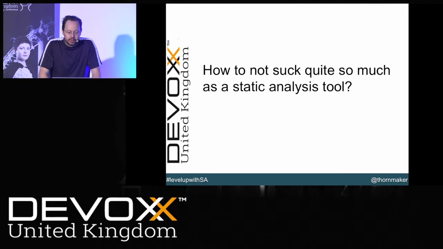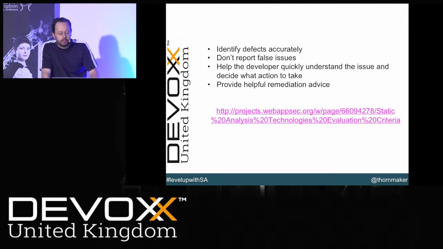So what are some other things a static analysis tool can do to not suck quite so much? We already talked about the first two: identifying defects accurately and not reporting false issues. A good tool will also help you quickly triage issues.